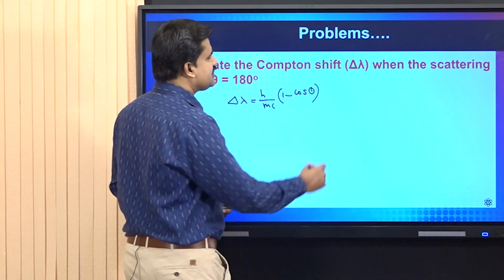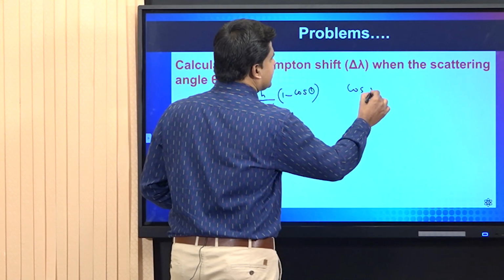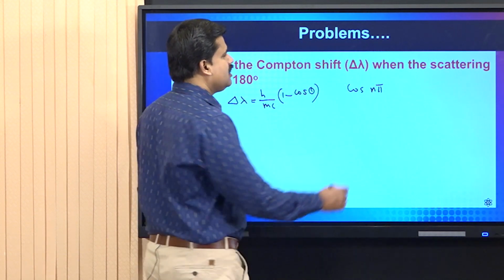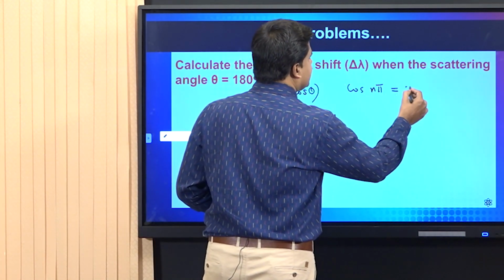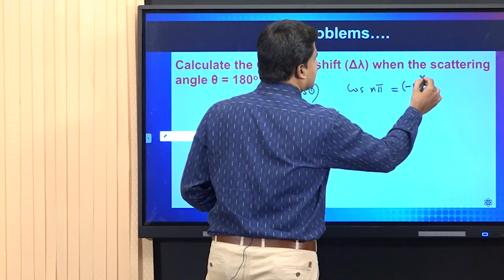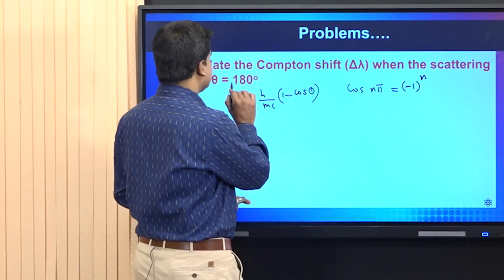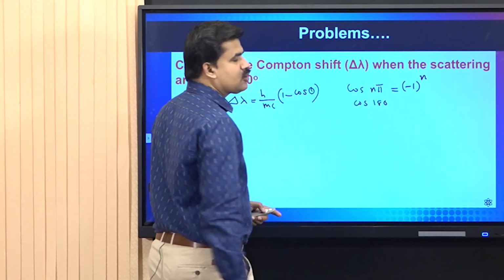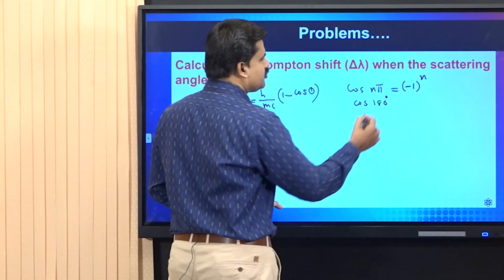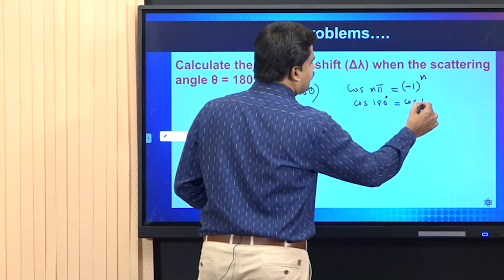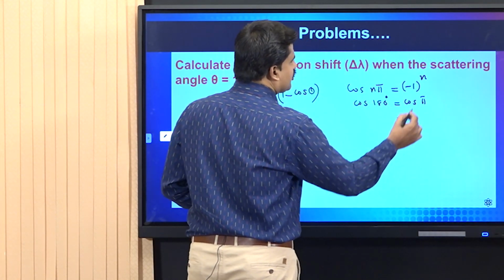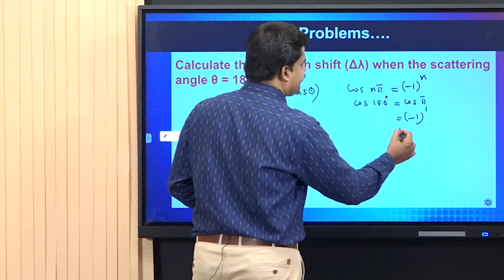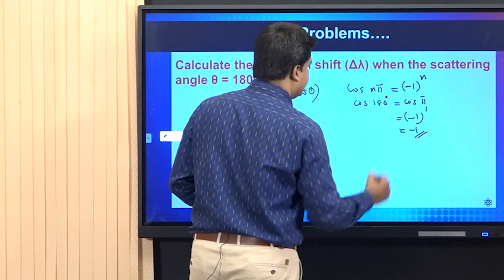It should be noted that cos n pi equals minus 1 raised to n. Here cos 180 degree, that means cos 1 pi, that is minus 1 raised to 1, that is equal to minus 1.